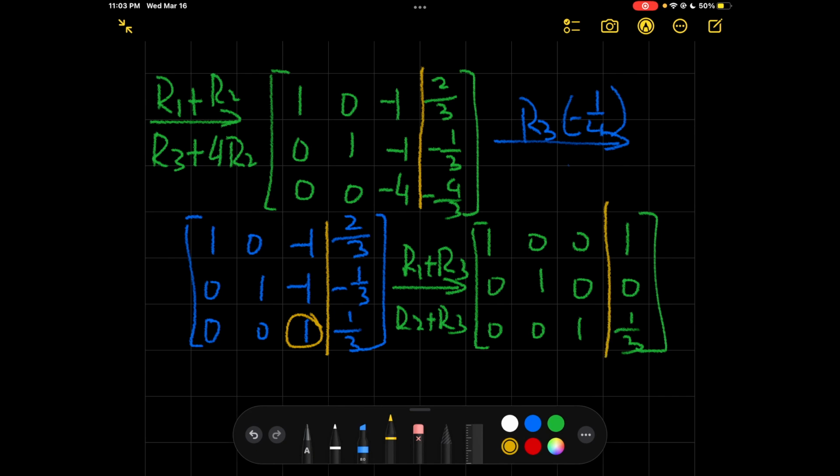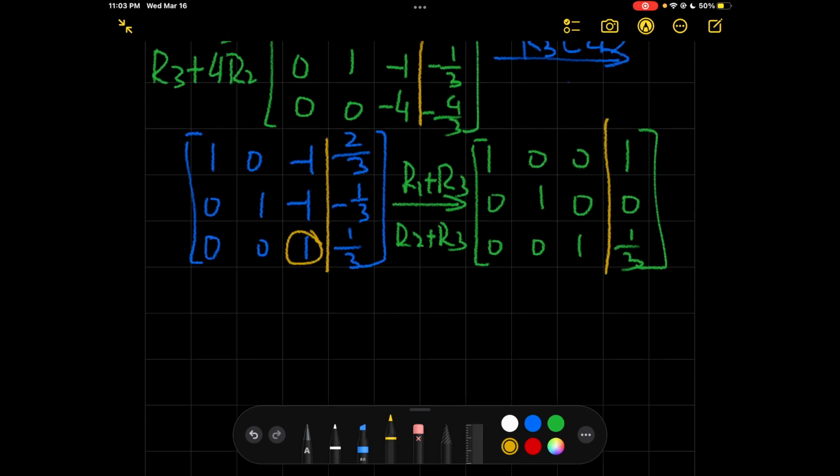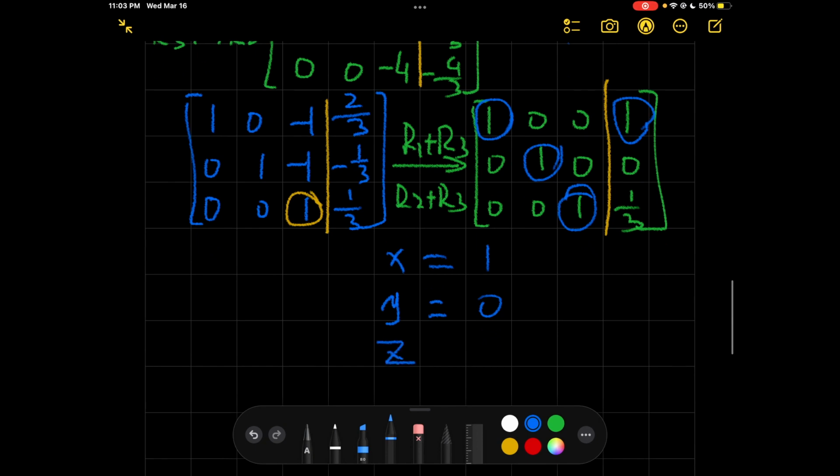Okay, we have the reduced echelon form, and we have x, y, z. So x equals 1, which is here, y equals 0, and z equals 1/3.